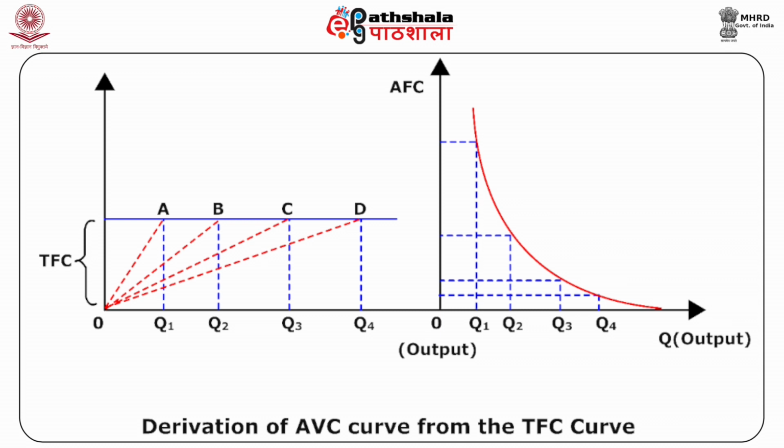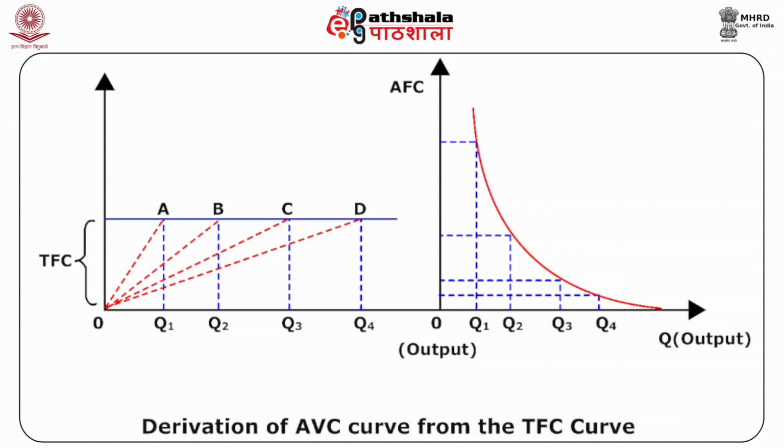That is because the denominator on the x-axis is the quantity, and when quantity is multiplied by the average fixed cost, it should always be equal to the total fixed cost.